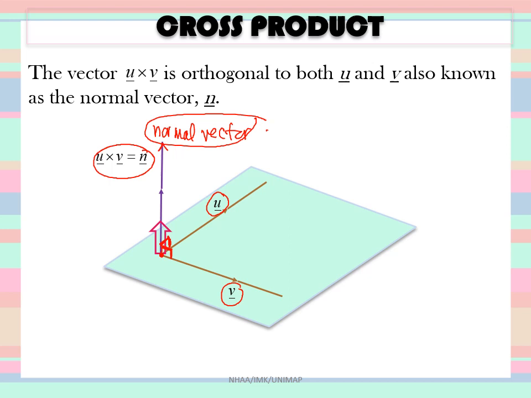Okay, so if your vector u is here and vector v is here, when you perform the cross product between your u and v, it will create a new vector pointing upward, where this is the resulting vector called the normal vector.